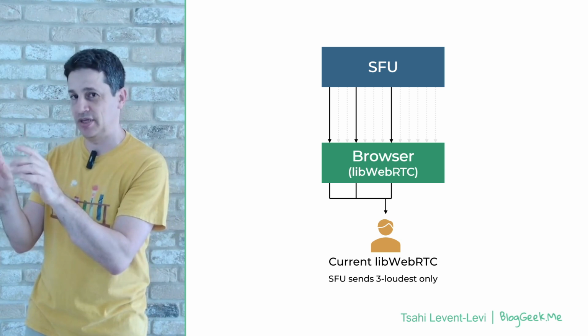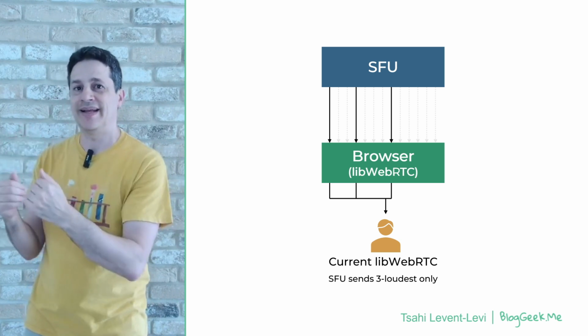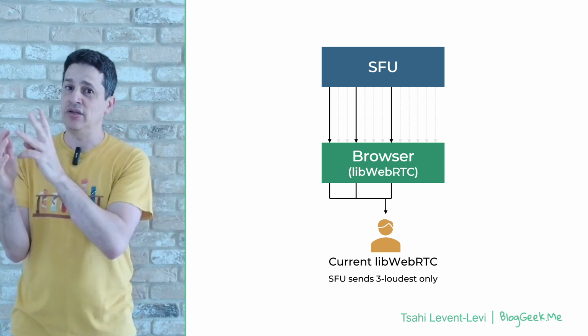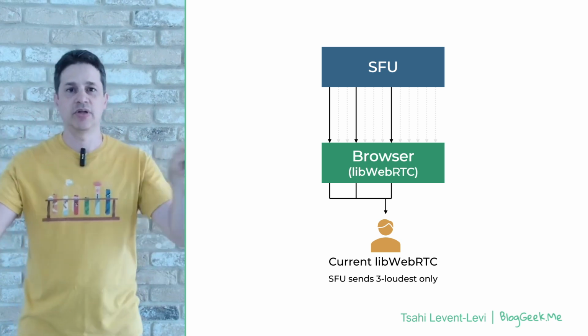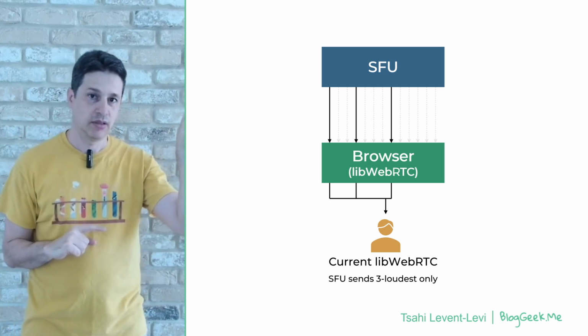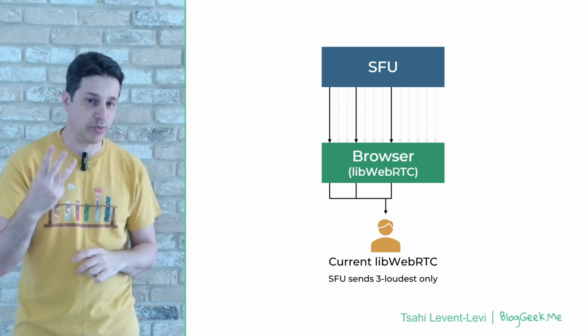And then get that data and send only the top three that it wants to the participants of the call. This way, the participants get only the top three, and they will mix only the top three. So we're going to optimize the performance here to use less network and less CPU at the same time.